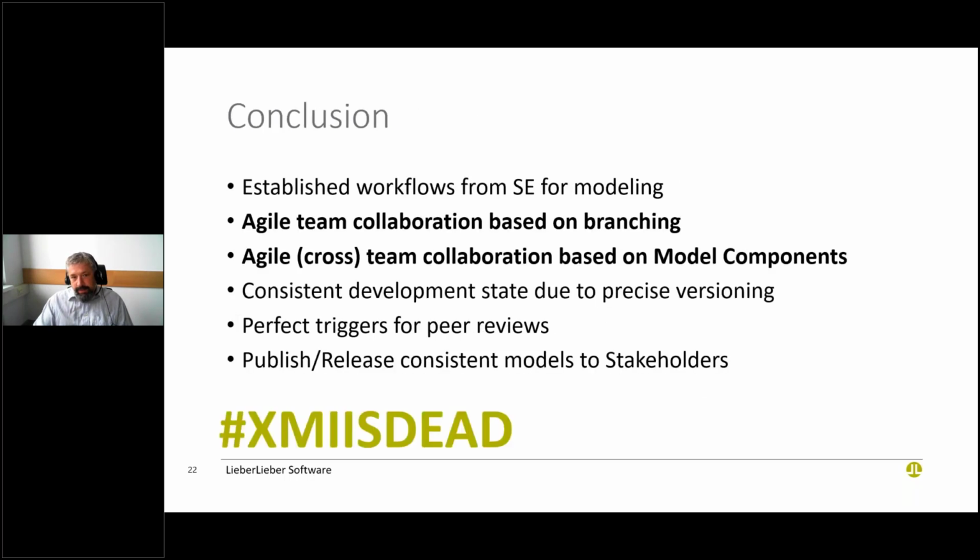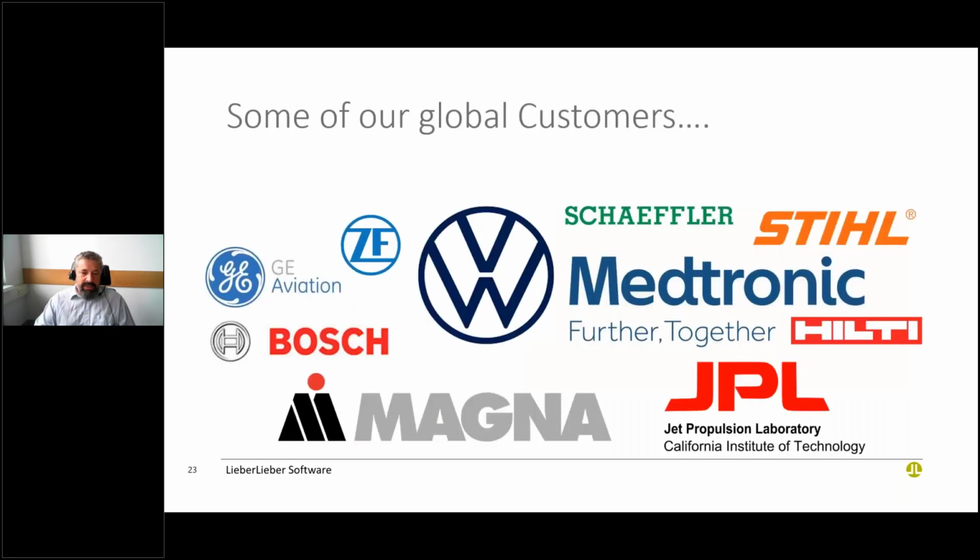This is some of our global customers. You can see in this picture at least, they are rather engineering organizations, people that build fancy cyber physical products. Many of them, we are in the autonomous driving and so on, or in the medical space. Jet Propulsion Laboratory is using a very special version of Lemon Tree.